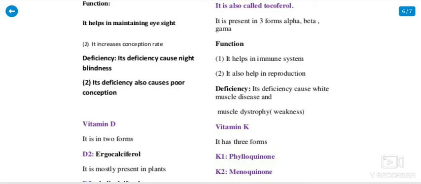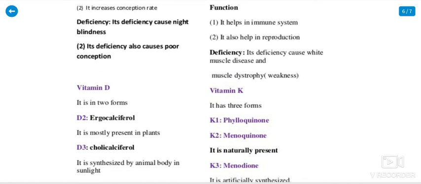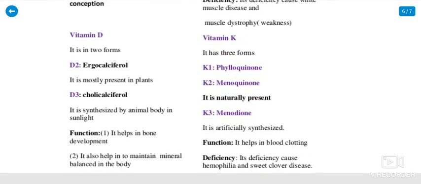Muscles become weak and lose mass, leading to diseases like hernia. So intestinal hernia is common in people with vitamin E deficiency.